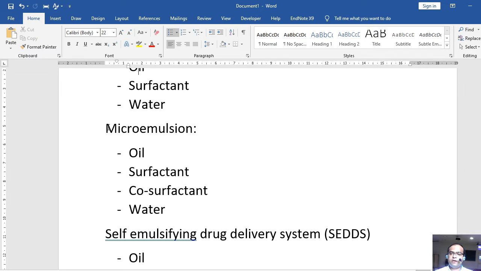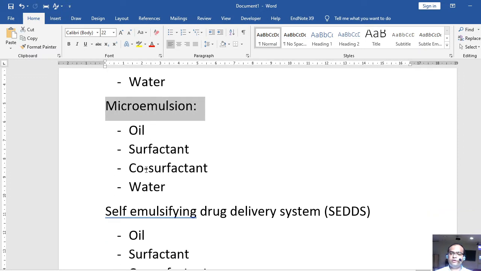But when we say micro emulsion, we need to either mix oil, surfactant, and co-surfactant, and then add the exact amount of water, so it will create a uniform uniphasic system, because a micro emulsion is considered a uniphasic system, right?